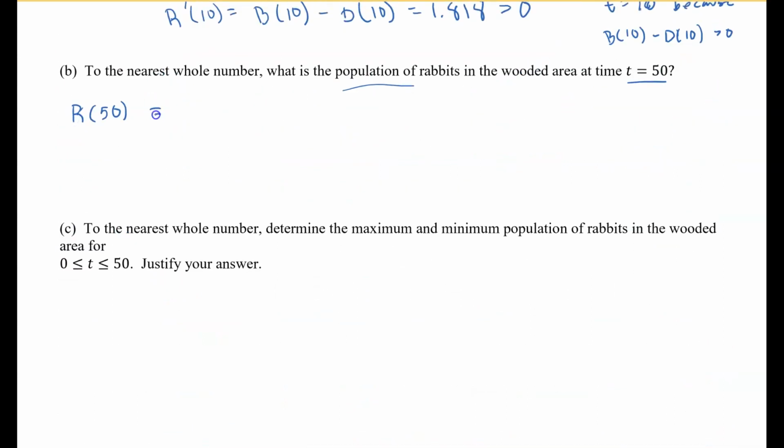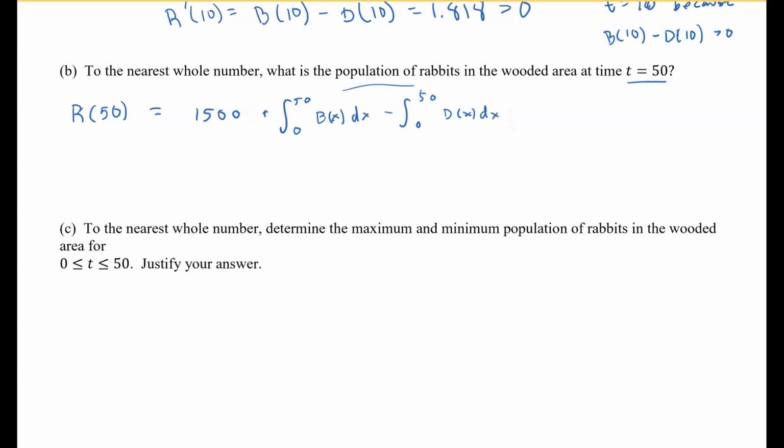If not, you're going to have to define this function. This is 1,500 plus the integral from 0 to 50 of b of x dx minus the integral from 0 to 50 of d of x dx.